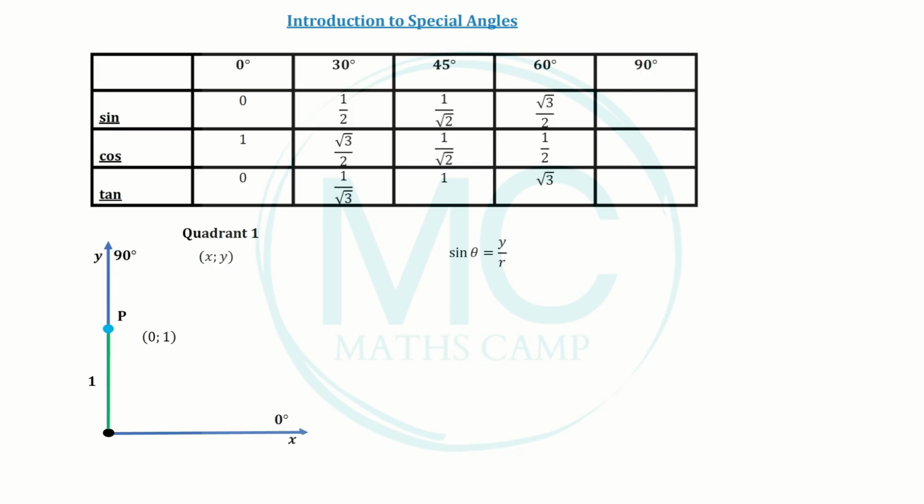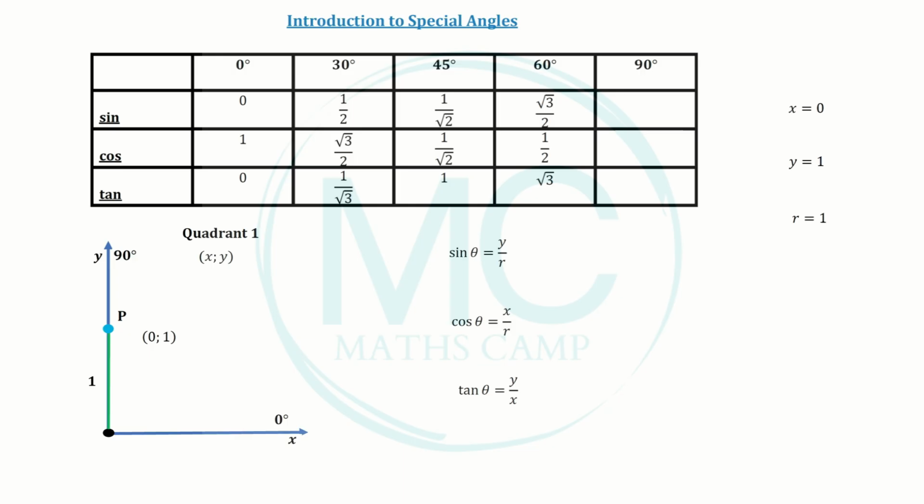Now we can rewrite our sine, cos, and tan ratios for the Cartesian plane. Our x-coordinate is 0. So let's make a note of this up here. And our y-coordinate is 1. So let's make a note as well. R takes on the length of the terminal arm, which is still 1. So r is equal to 1.